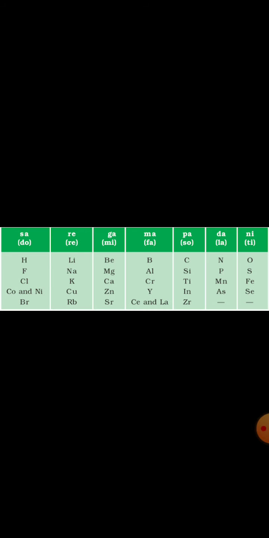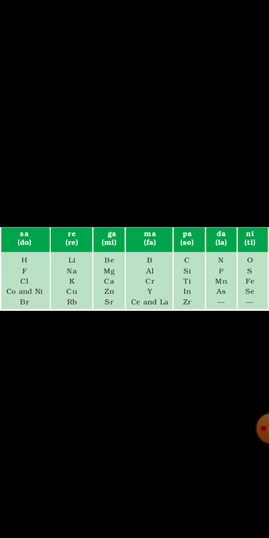There are advantages and disadvantages also. Now let us see what it is. It was found that the law of octaves was applicable only up to calcium. After calcium, every eighth element did not possess properties similar to the first, which means you see in the third column we have the third member calcium.